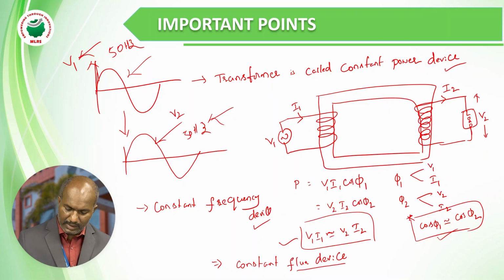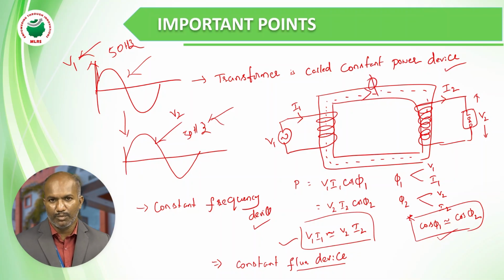I told you, whenever the primary winding is connected to supply, there is current in the primary winding. You will know that a current-carrying conductor produces flux, right? This flux travels through the transformer core.